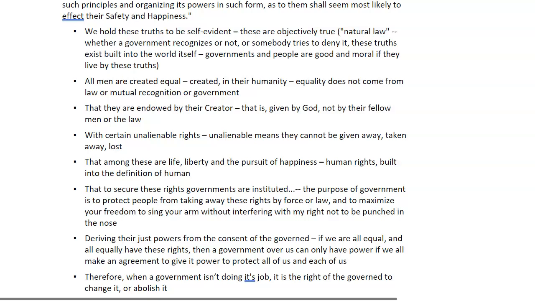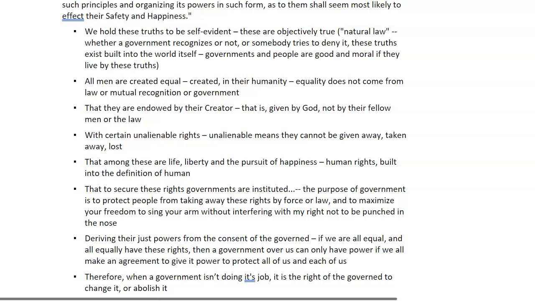You no longer own it, you are giving ownership to someone else. Jefferson is saying the rights he's talking about cannot be taken away, given up, lost. They are always yours, whether the rest of the world acknowledges it or not. Among these unalienable rights are life, liberty, and the right to pursue happiness. Today we'd call these human rights.